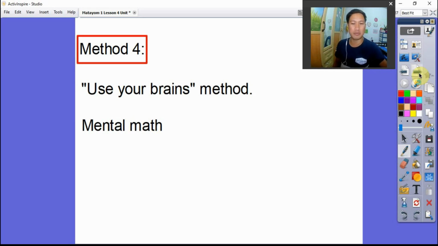This is from my previous class in FEP. And yeah, we had fun using our brains. So we call it mental math. Practice adding and subtracting integers until you get used to it, and when you see it, you know the answer. So just practice, and you will use your brain's method.